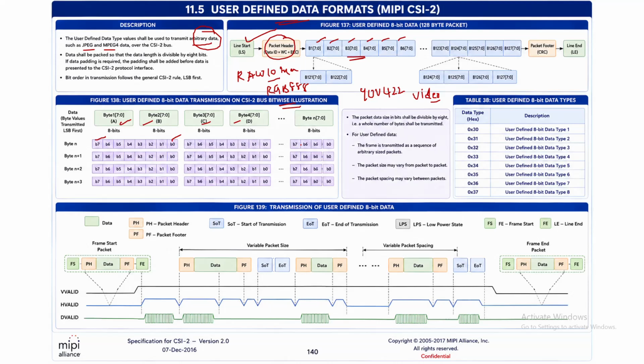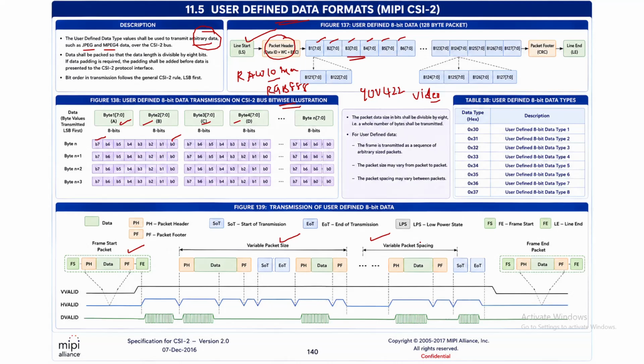Here it tells you what the image says from the transmitter side to the receiver side. That means how we form the packet format and make the packet structures. Different packet structures: frame start packet, packet size, variable packet spacing, which means the spacing is different. We need to look into all these things while transmitting the data.